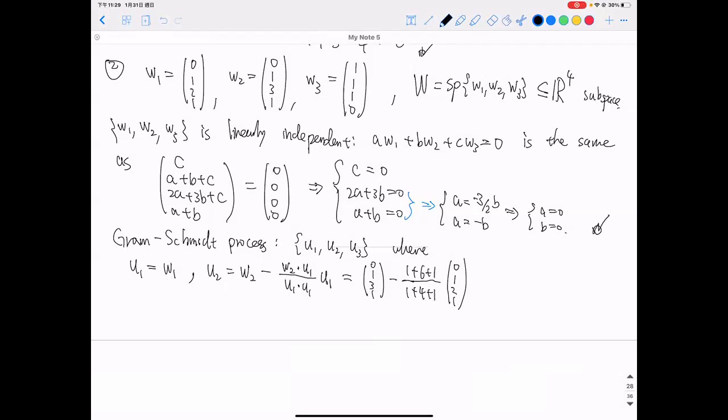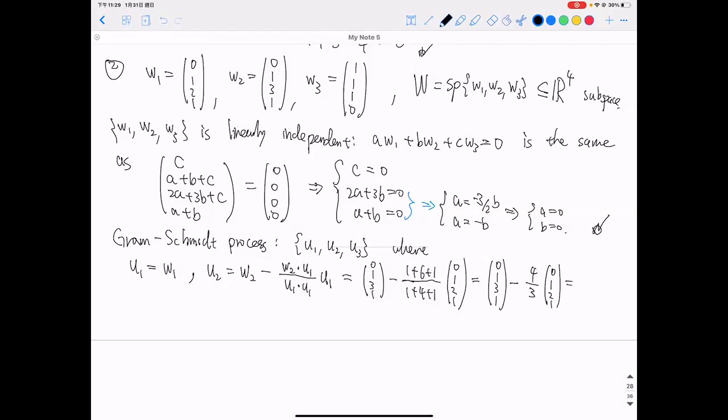So we end up having 0, 1, 3, 1 minus this, 8 divided by 6, so 4 on 3, times 0, 1, 2, 1.